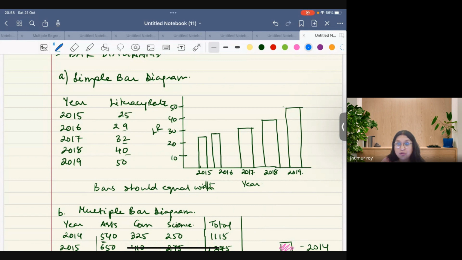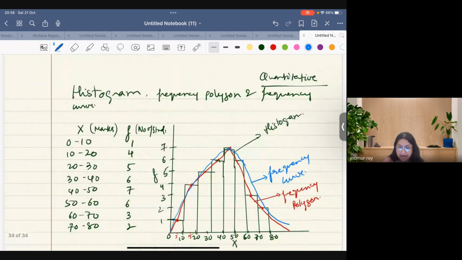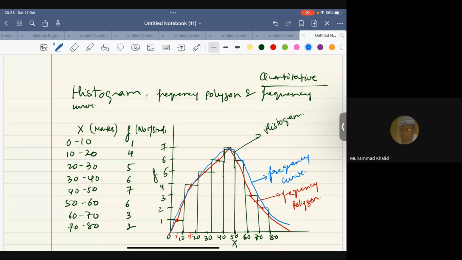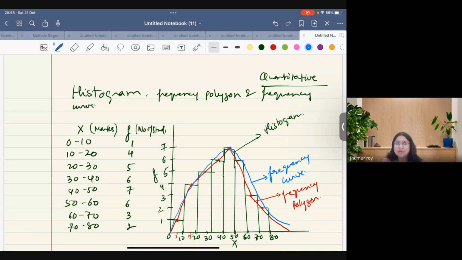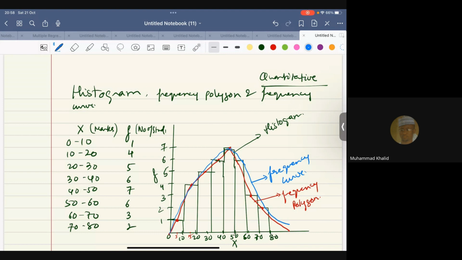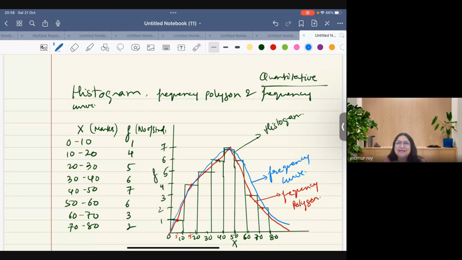It is chronological data or geographical data. The moment you come to a histogram, you are taking quantitative data. The data itself is different. A histogram is only for quantitative data. You cannot draw multiple bars or anything for quantitative data. You have to draw histograms. So I think that should be clear.